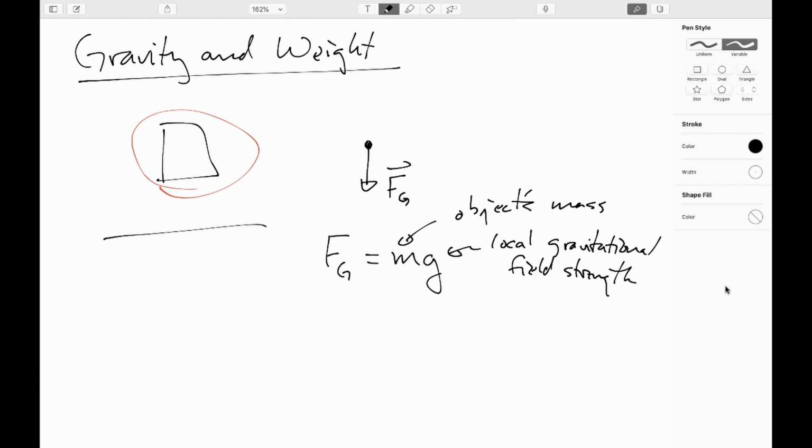But here, suffice it to say that this summarizes everything that a planet is doing to the object. Planet's influence on objects.